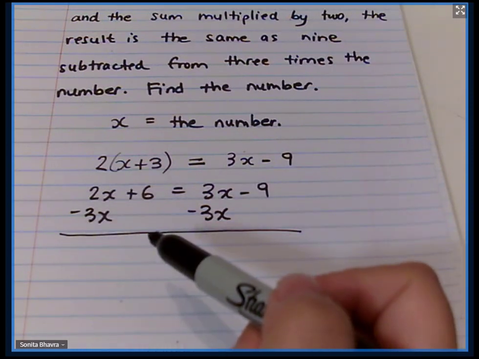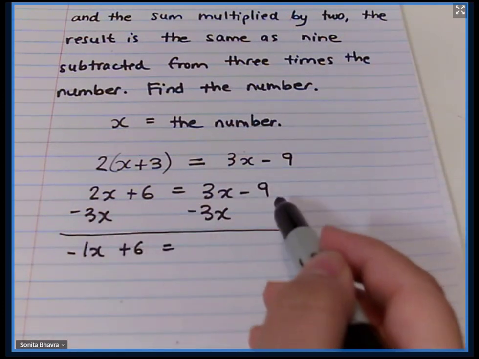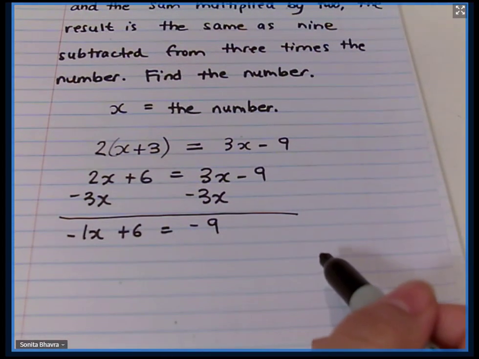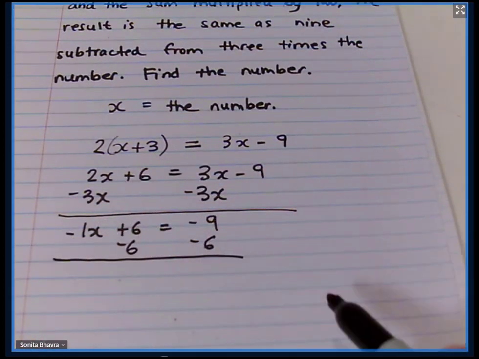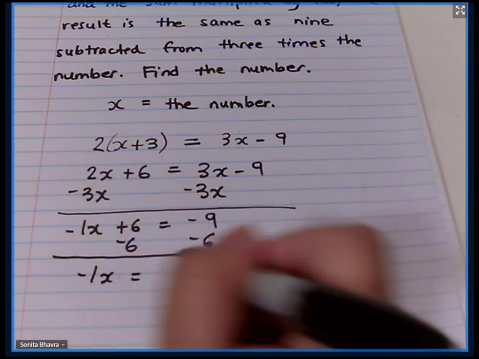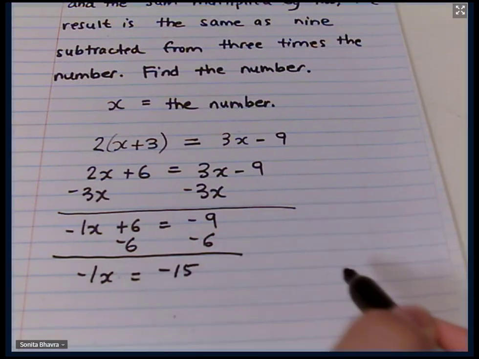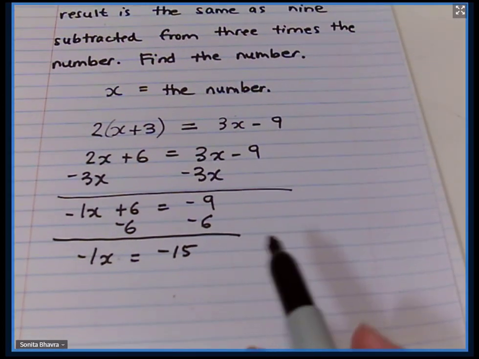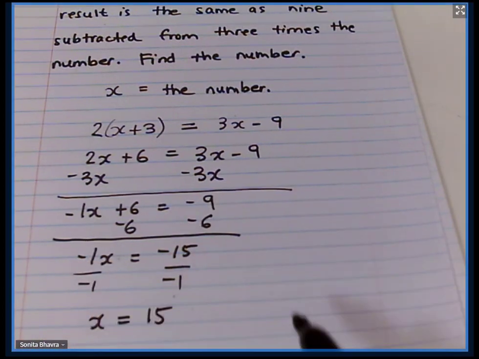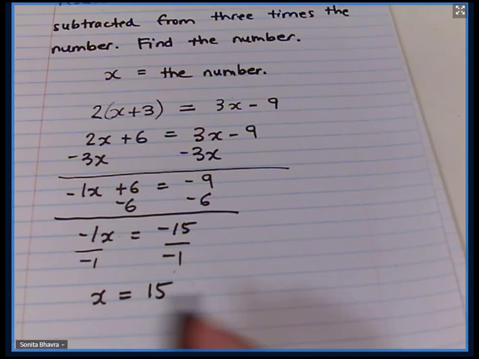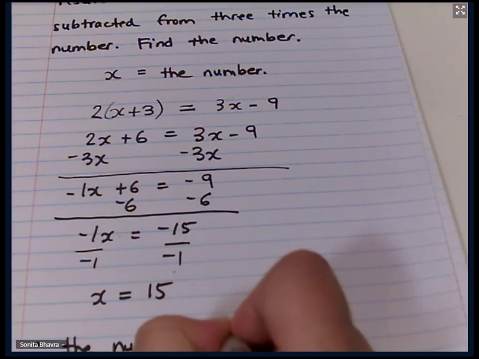So 2x minus 3x, I get negative 1x plus 6 is equal to negative 9. I'm going to subtract 6 on both sides. So I get negative 1x equals negative 9 minus 6, which is negative 15. I have a negative 1 here to deal with, so I divide both sides by negative 1. So x is equal to 15. And then the statement is: the number is 15.